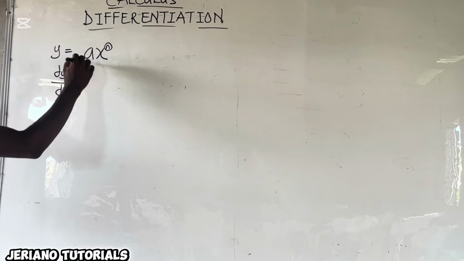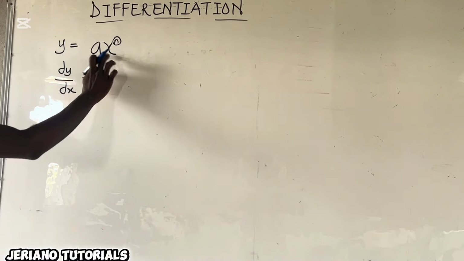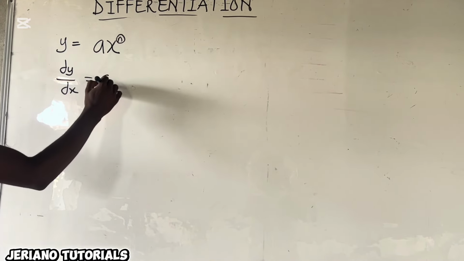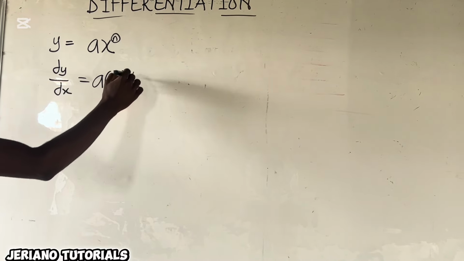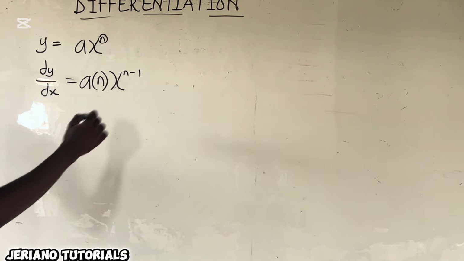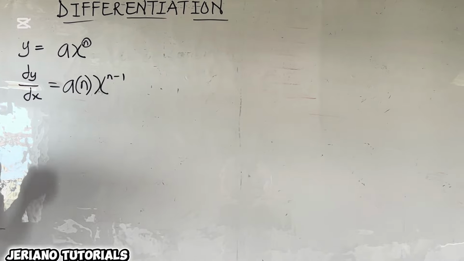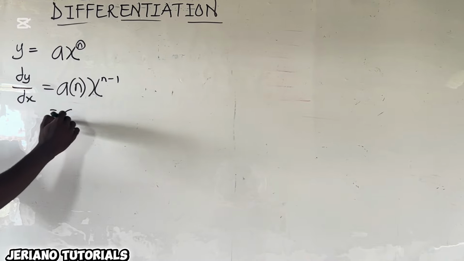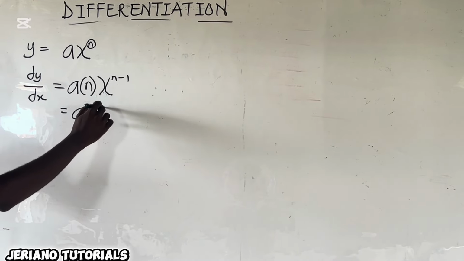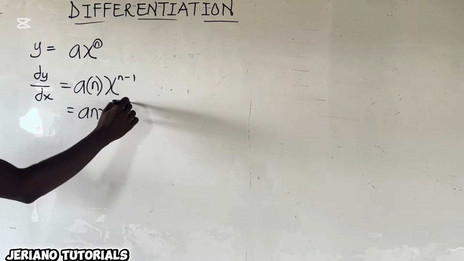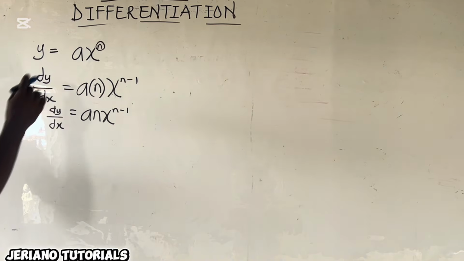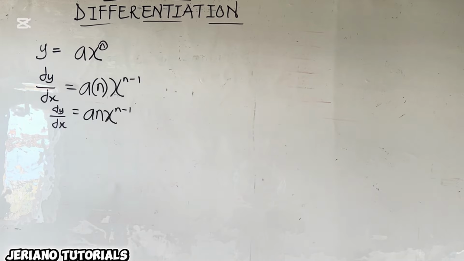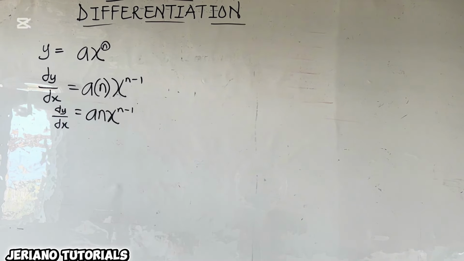You would send it to the coefficient of your variable, meaning a times n, and then you maintain your variable. Now you subtract by 1. Now this will give us anx^(n-1). This is the dy/dx of ax raised to the power of n.